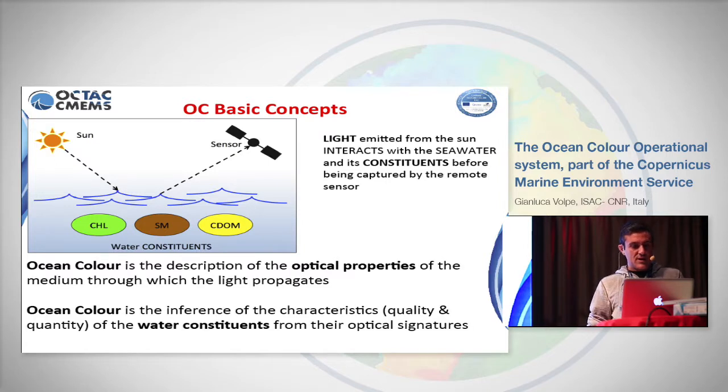So the ocean color is the description of the optical properties of the medium through which the light propagates. The ocean color is basically the inference of the characteristics, which is the quality and the quantity, who and how much, of the water and constituents from their optical signatures.